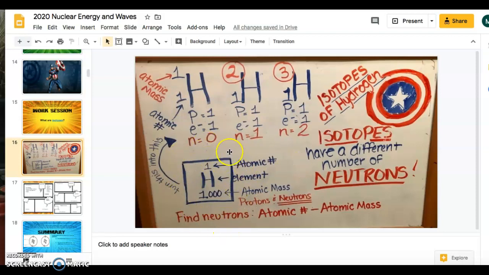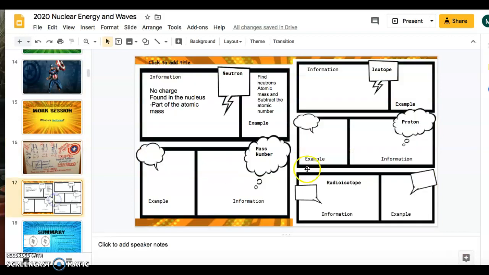With isotopes, we're going to take this information that we already know about protons, neutrons, electrons, atomic mass, and atomic number and turn it into this. But we know to find the neutrons, we have to take our protons and subtract them. Now, we just said that we need to understand our atomic mass.